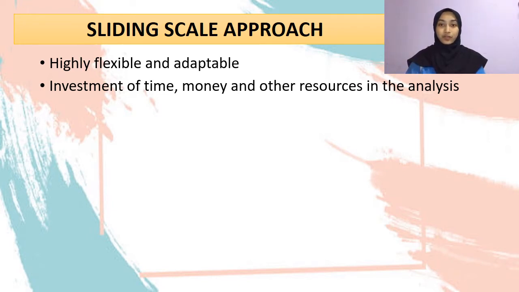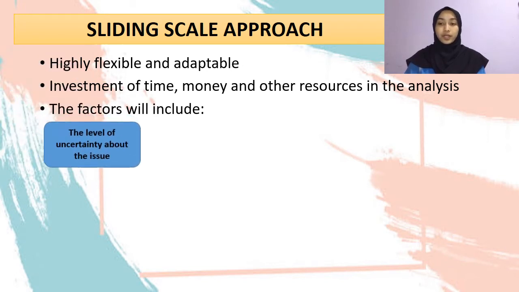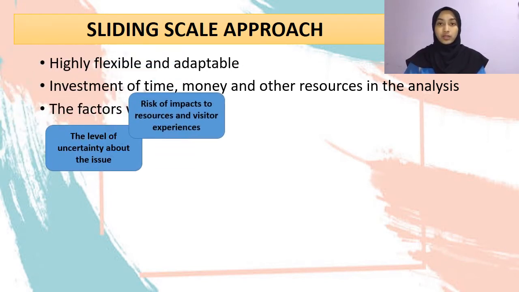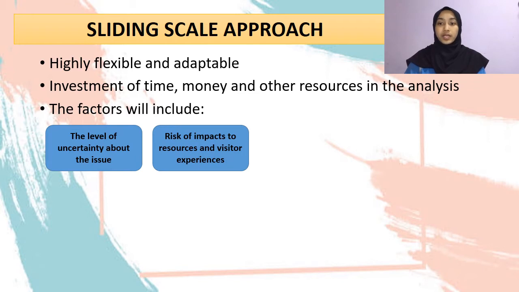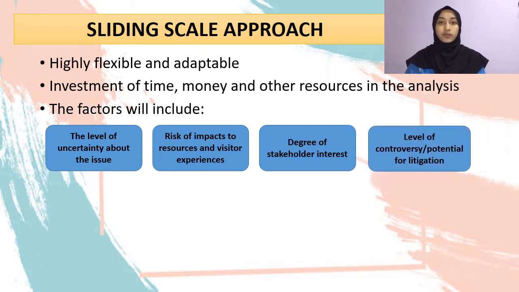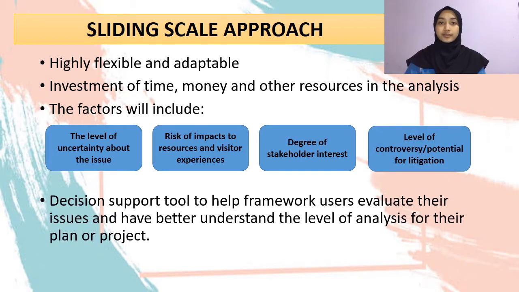The framework acknowledges that there are a variety of factors that influence where a visitor use management issue or plan falls on the sliding scale. The factors include the level of uncertainty about the issue, risk of impacts to resources and visitor experience, degree of stakeholder interest, and level of controversy or potential for litigation.